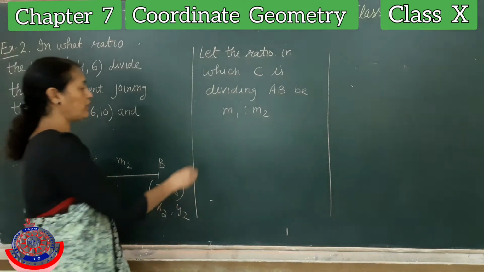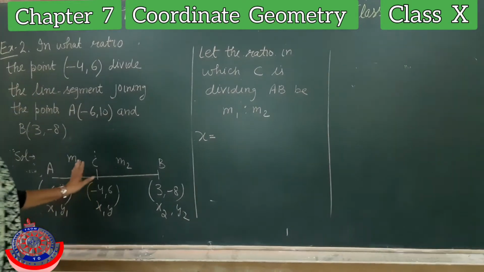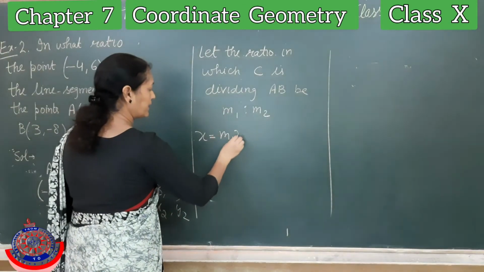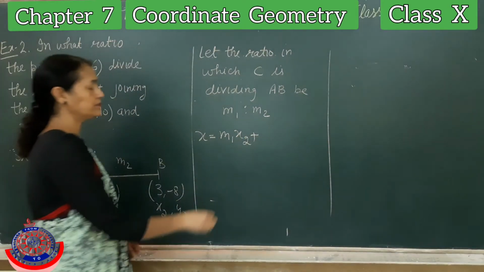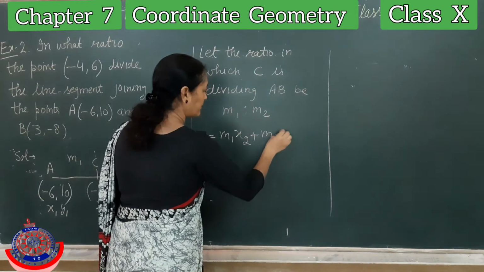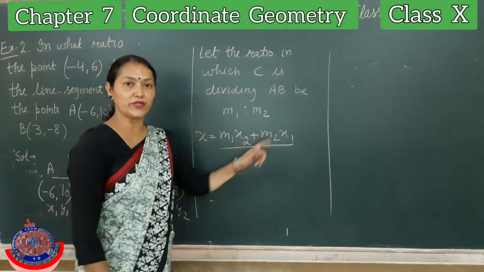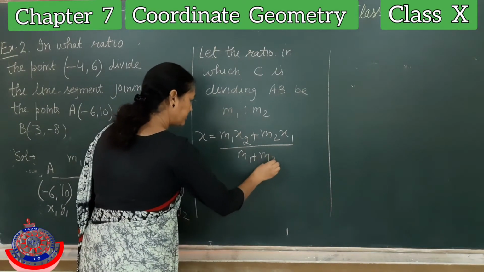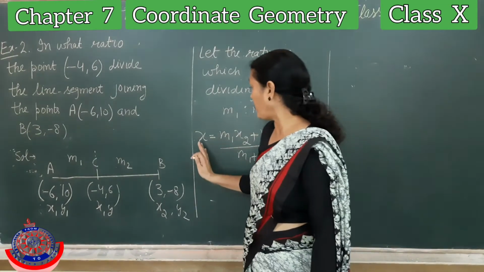Now let's start with the formula. When we write x, for x we write M1 into x2 plus M2 into x1, and in denominator we write sum of the ratios, that is M1 plus M2. Now we'll be filling the given values. What is x?